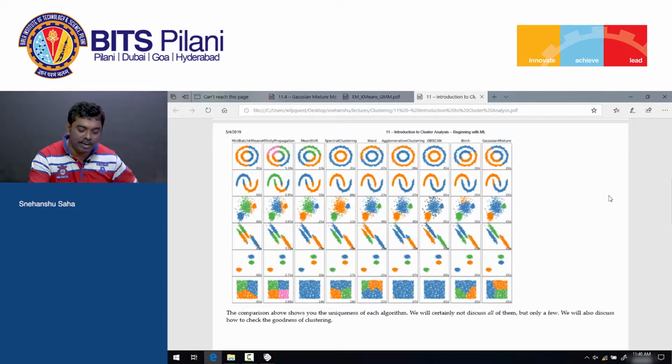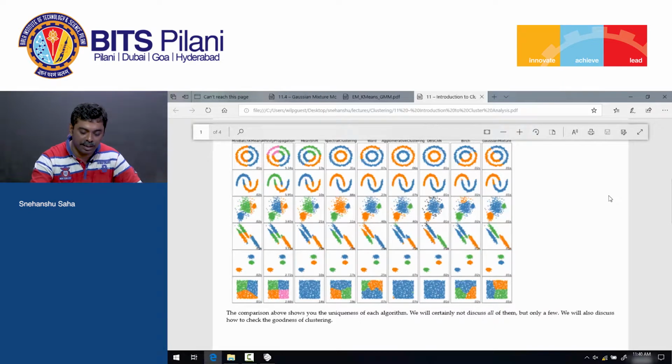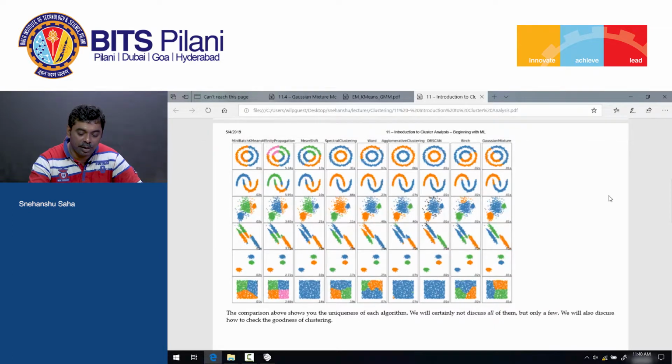So what it means is, I have a point. How do I assign a point to a group? Let's choose a point somewhere over here, compute the distance of the point from this cluster, and then compare the distances. The one with the minimum distance is the candidate cluster for that particular point.